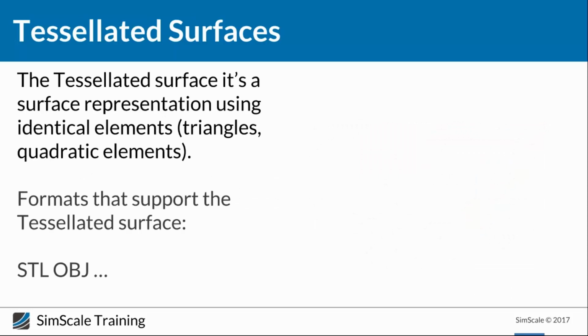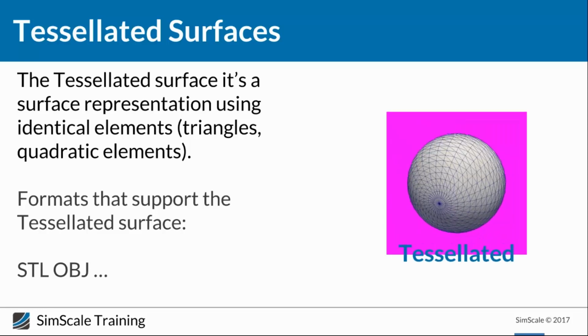Now let's jump to the second type of surfaces, and this is a completely different type of surface. It's called the tessellated surface. It's a surface representation using identical elements. Usually we use triangles to represent the surfaces, and in this type of surface we get many elements.